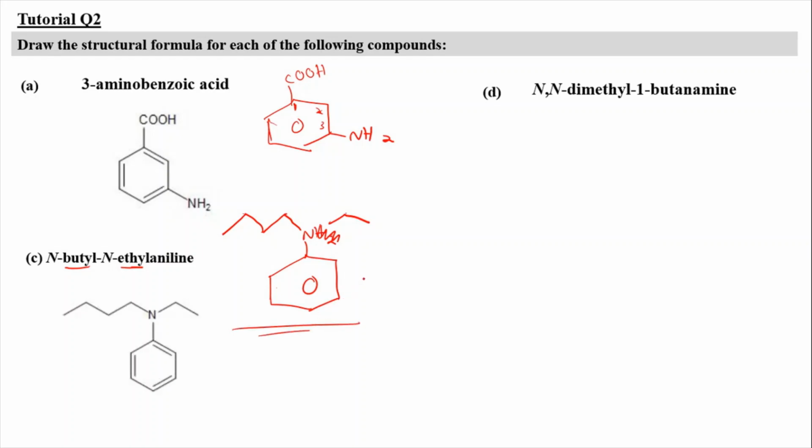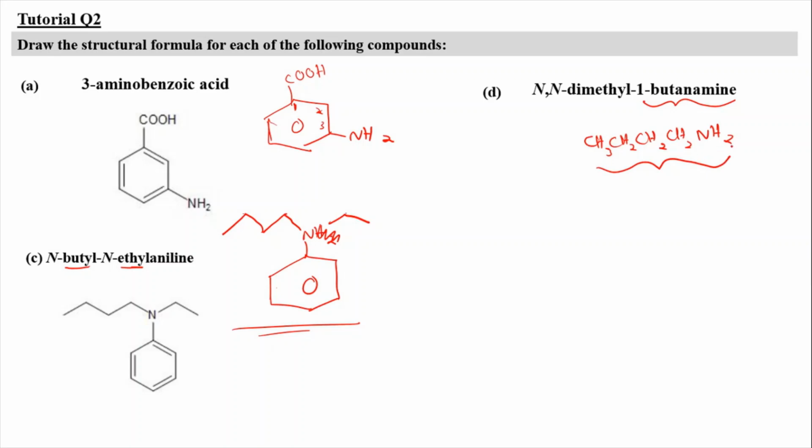Okay, and now for structure D here, we have N,N-dimethyl-1-butanamine. Okay, so 1-butanamine is going to have 4 carbons, which is CH3, CH2, CH2, CH2, and NH2. Okay, so this one is butanamine.